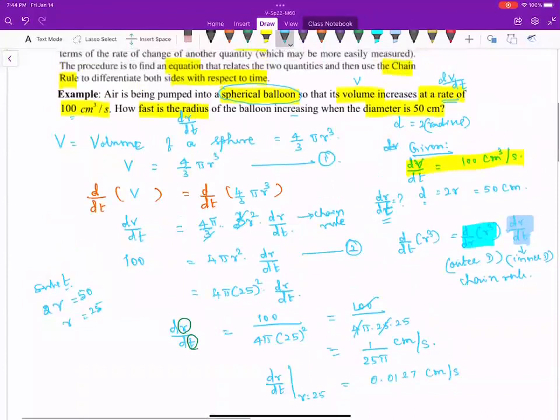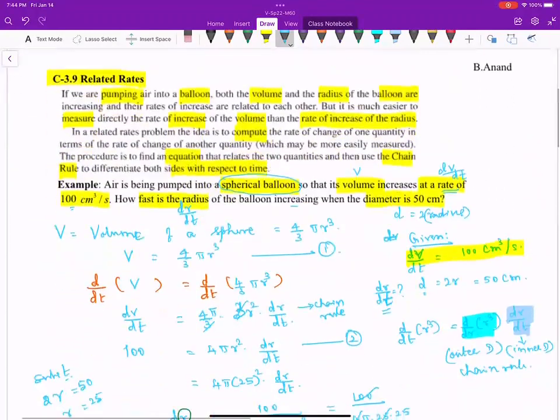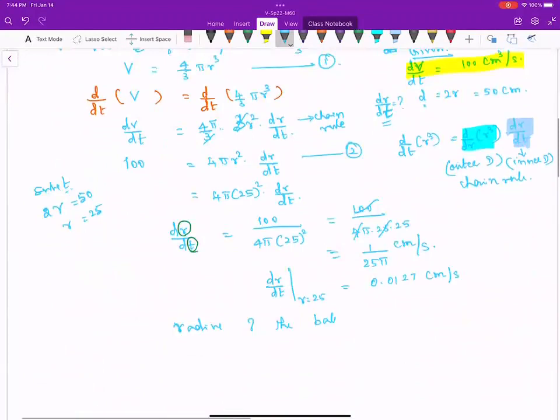So how fast is the radius of the balloon increasing? The radius of the balloon is increasing at the rate of 0.0127 centimeters per second.